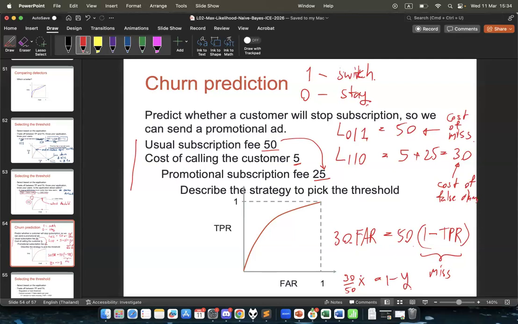It's a line that looks something like this, maybe, probably something like that. So it's all more on the true positive side because the false alarm is cheaper.